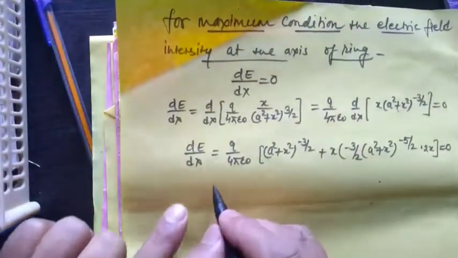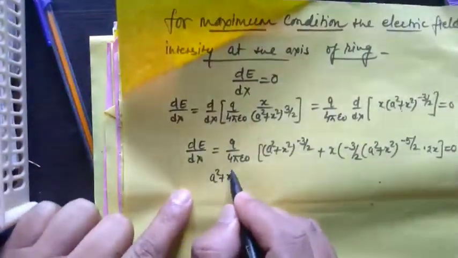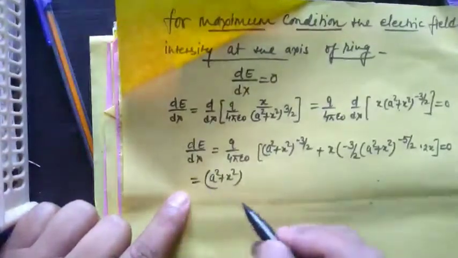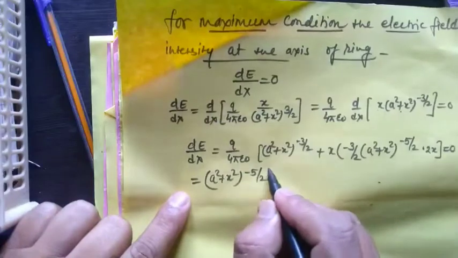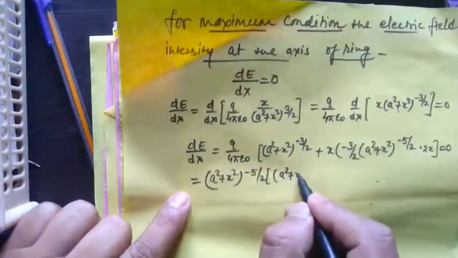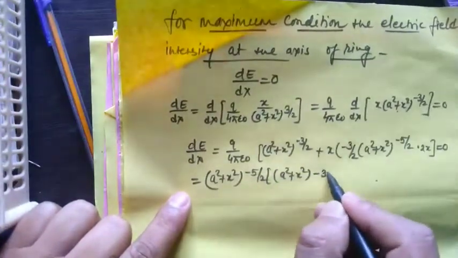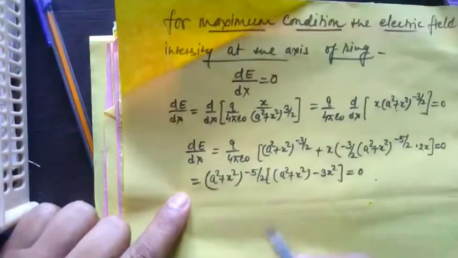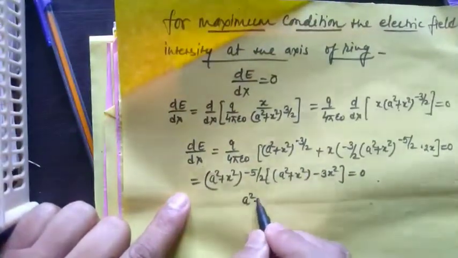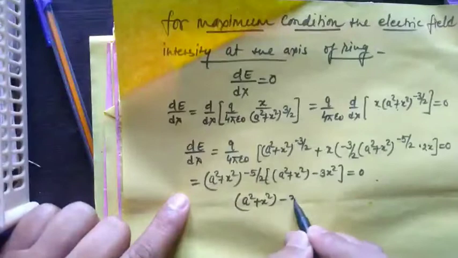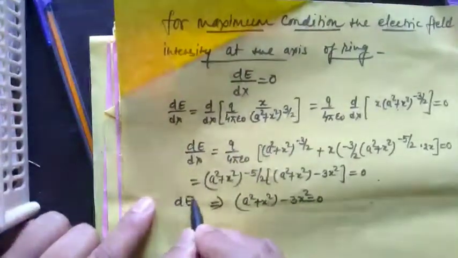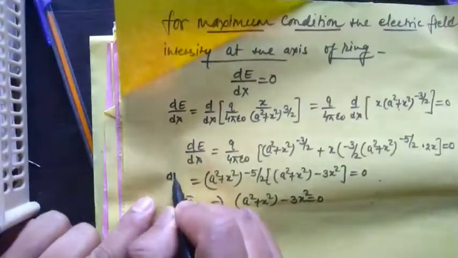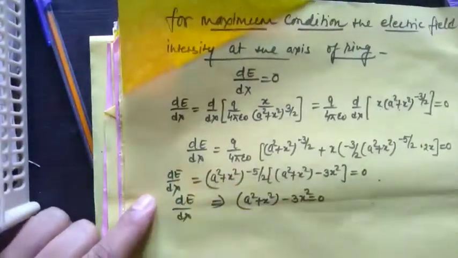And now (a square plus x square) to the power minus 5 by 2 times (a square plus x square minus 3x square) equals 0.